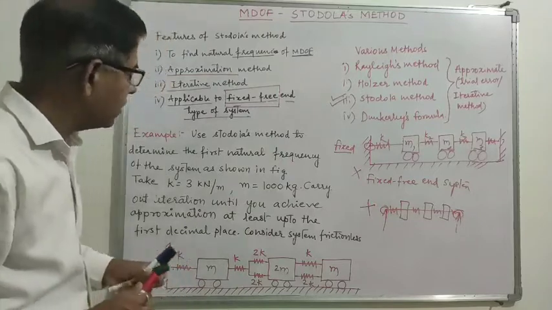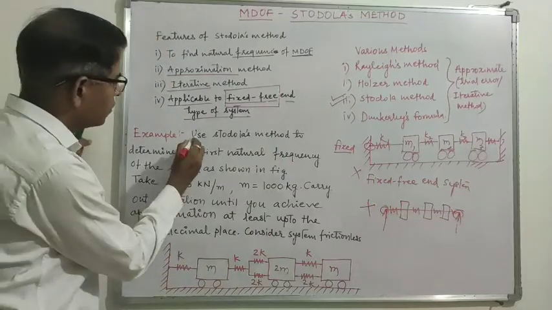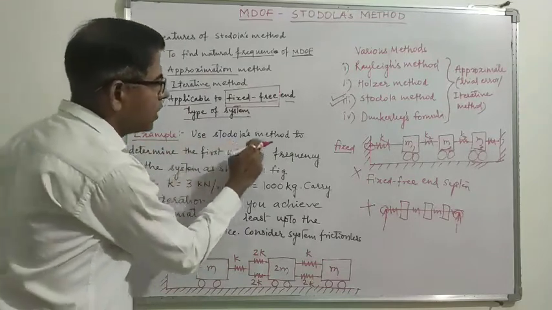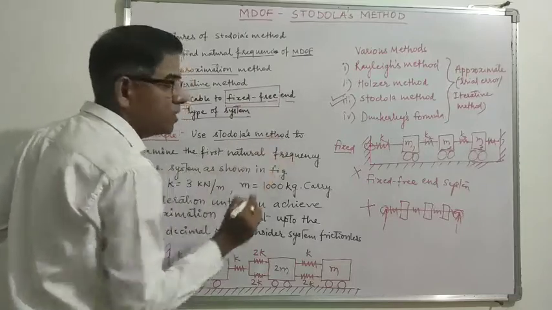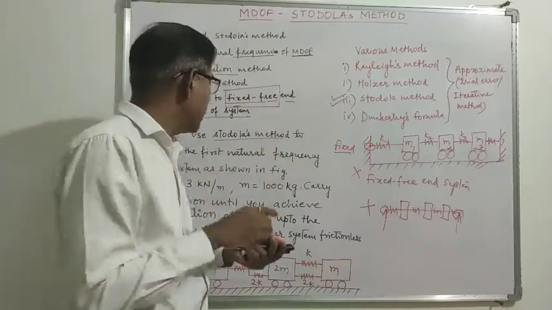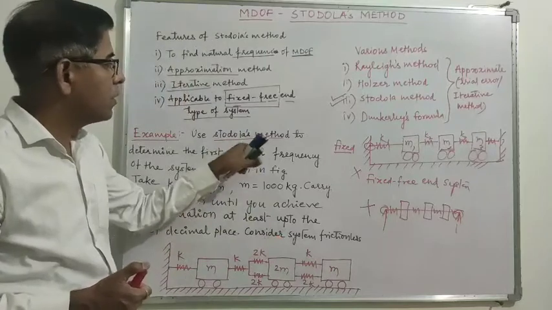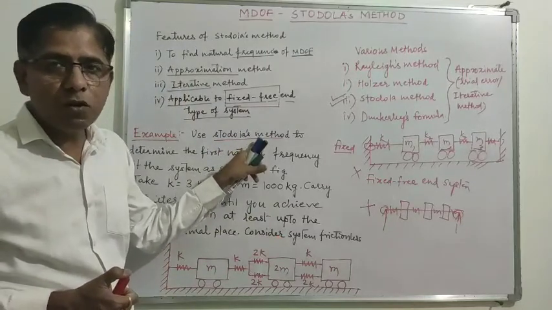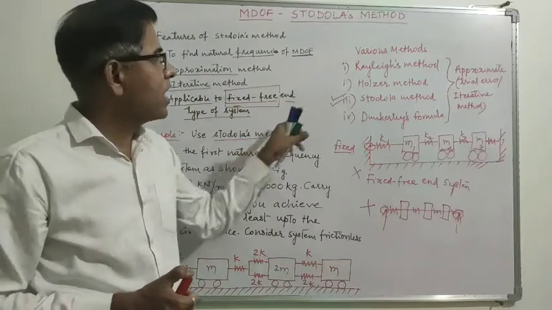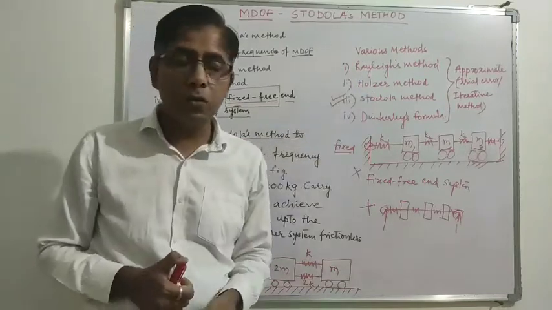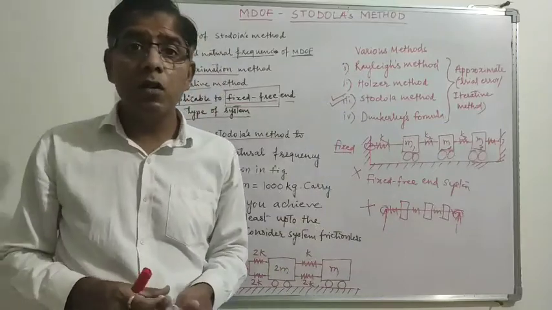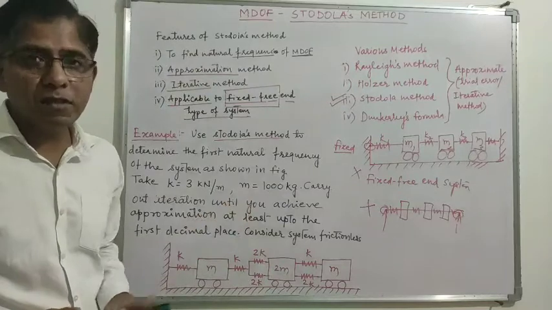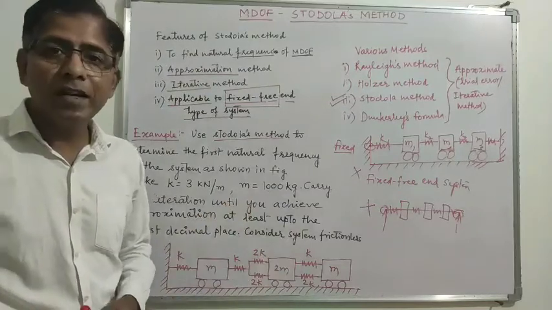So for that, we will take one example. This is the numerical example. Use Stodola's method. Here in the question itself, they have mentioned that you need to use the Stodola method, because if the method is not mentioned, you can use either Rayleigh's method, Holzer method, Stodola method, Dunkerley's method or Lagrange's method to find the natural frequency of a multi-degree of freedom system.